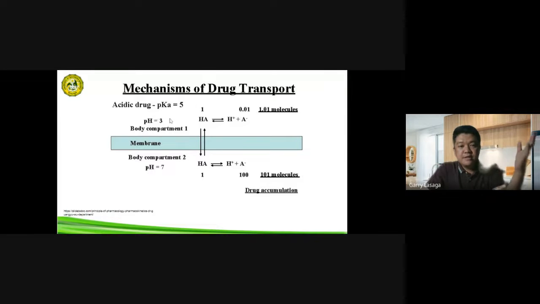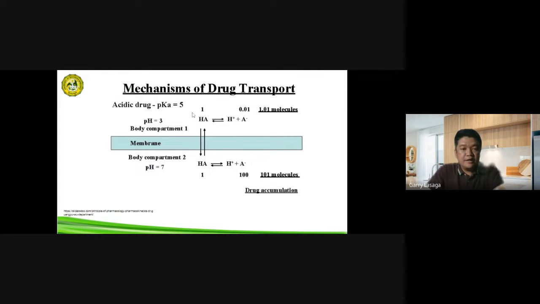So further decreasing the pH towards the acidic side, so a pH of 3, then a pH of 2, will also increase the proportion of the unionized form of the drug by 10. And when we put this drug at a pH of 4, the unionized form of the drug increases by 10.